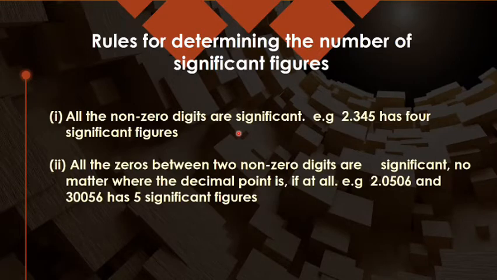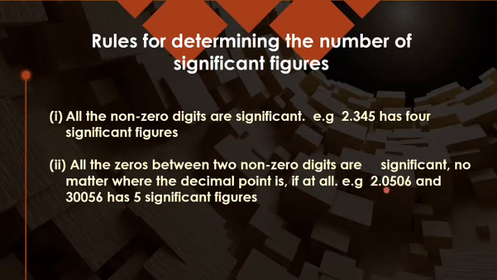So a very simple rule. The second rule: all the zeros which come between two non-zero digits are also significant. It does not matter where the decimal point is, or whether a decimal point is there or not; it is independent of that. Supposing I have 2.0506, I am getting 0 in between two non-zero digits.